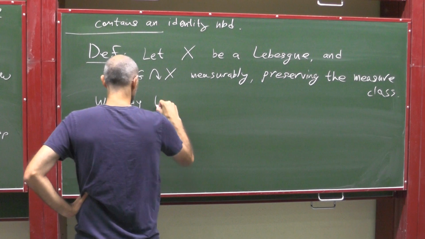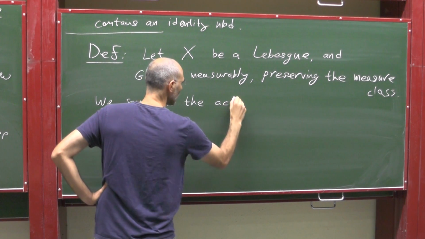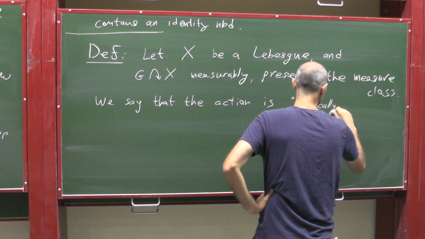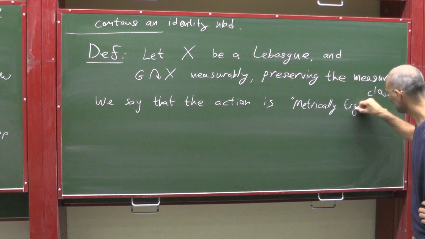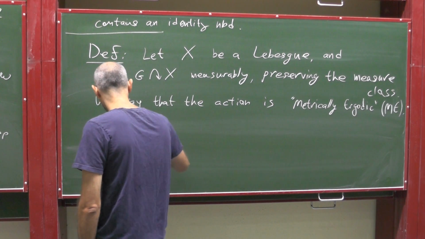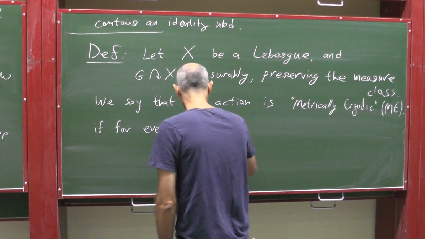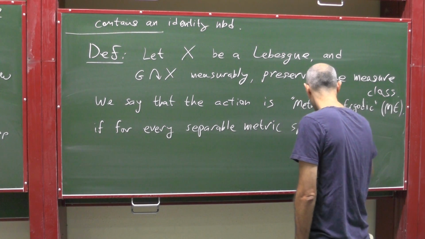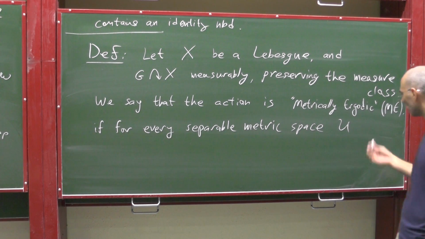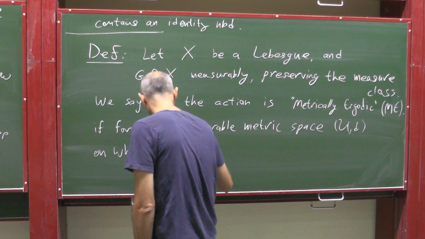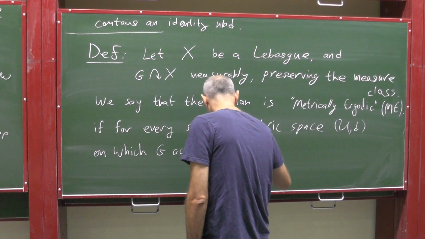We say that the action is metrically ergodic, or sometimes isometrically ergodic, abbreviated sometimes to ME, if for every separable metric space U on which G acts isometrically.